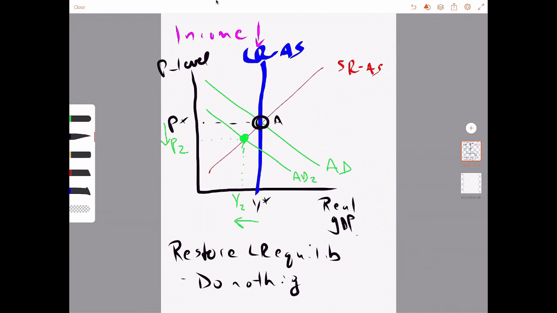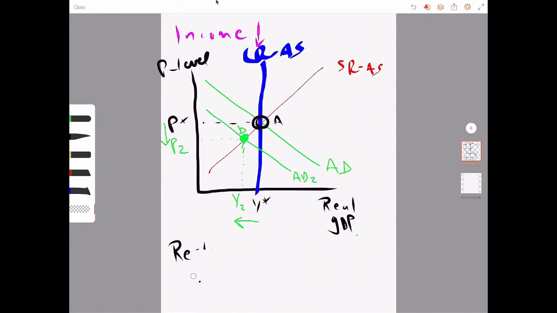So we started at point A, and we go to this green dot. We're going to call that point B. And what we want to do is get back to the equilibrium, get back to that blue long-run aggregate supply curve. So how do we do that? Well, if we do nothing, what should happen is that people will adjust to the now lower prices.